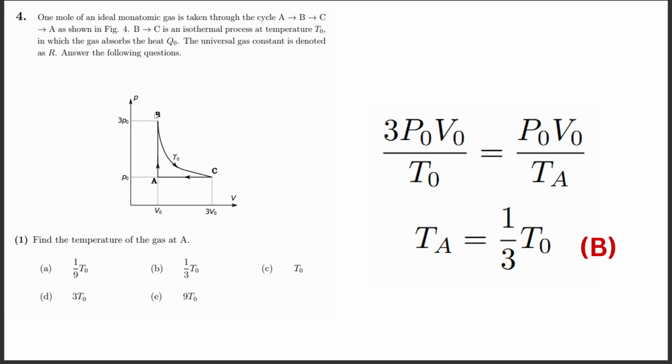The P of B is 3P0, the volume is V0, and the temperature is T0, because the temperature at B and C is both T0, is equal to, at point A, the P is P0 and the volume of A is V0 over the temperature of A. We can cancel P0 and V0, so we get TA is equal to a third of T0, and the answer is B.